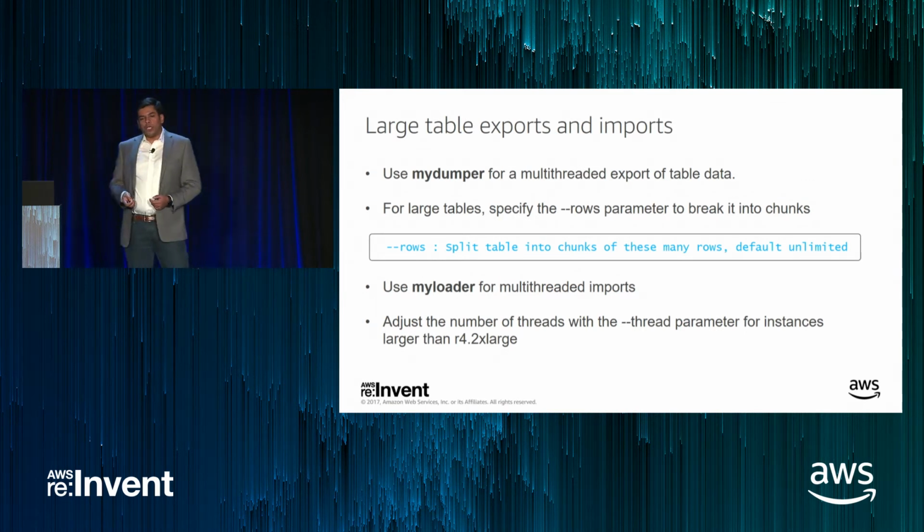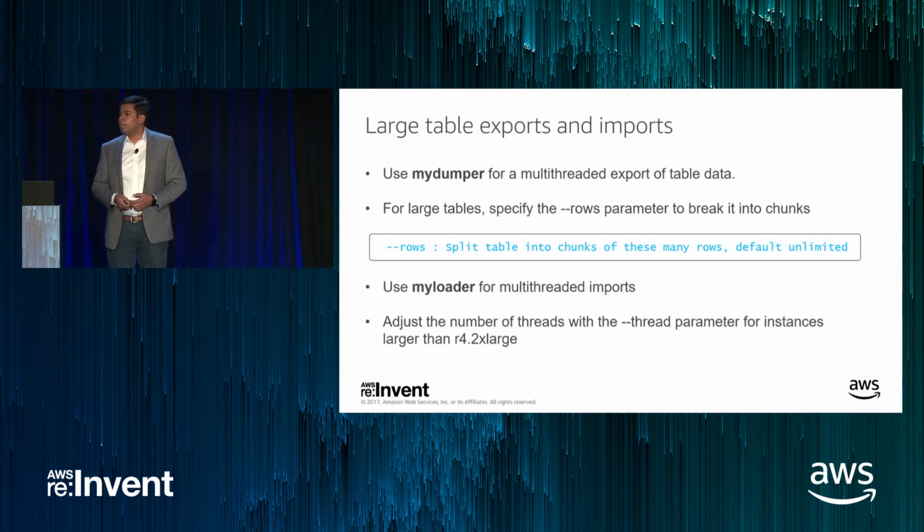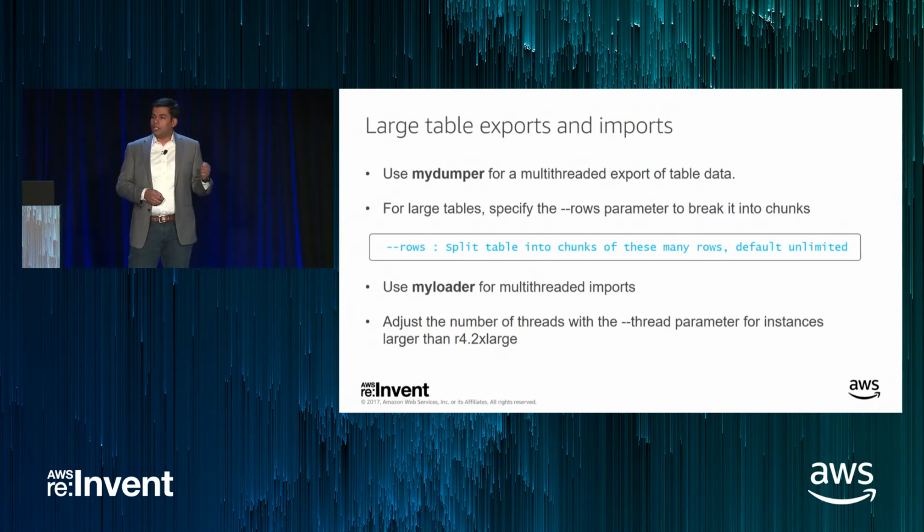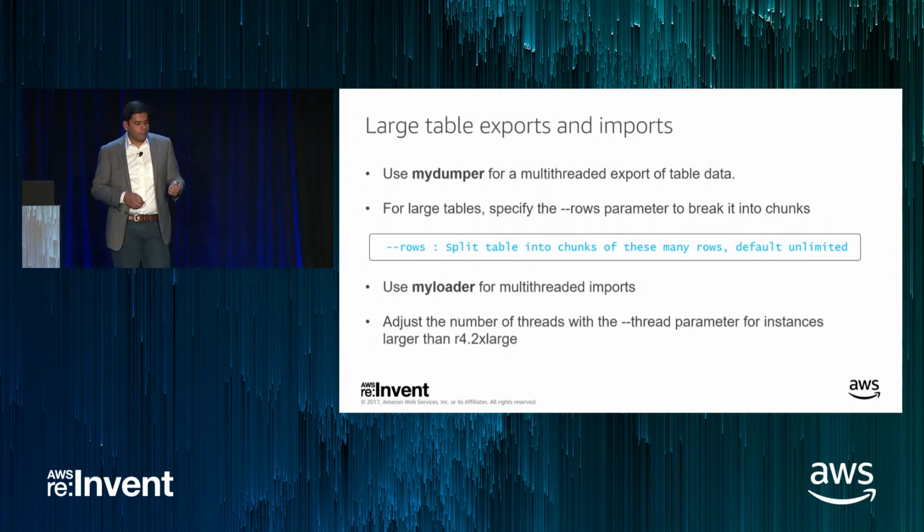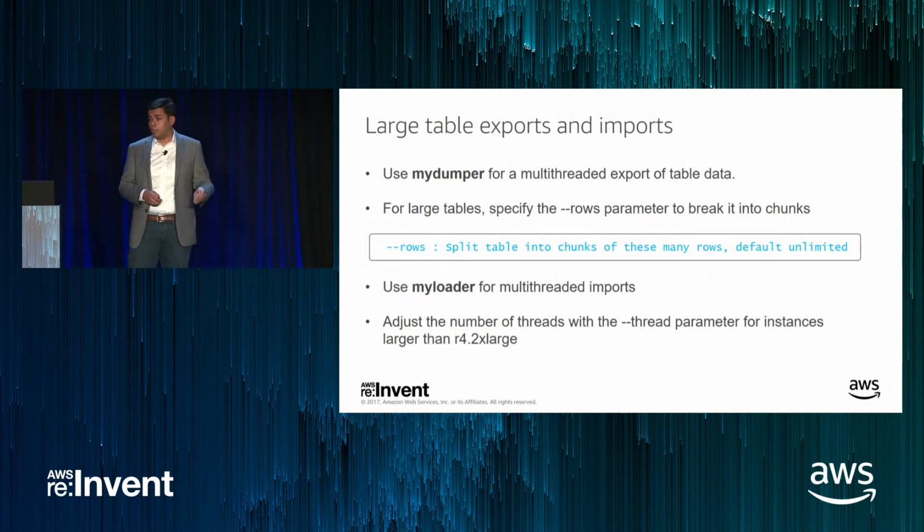Another question that many customers ask us is, I have this huge, large table, and it's taking me days or hours to import or export. What do I do? So I'll refer back to the third-party tools, MyDumper. Because these are multi-threaded, they provide you more flexibility.